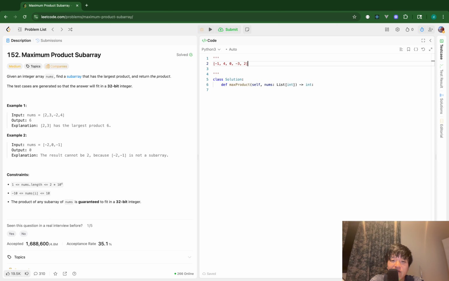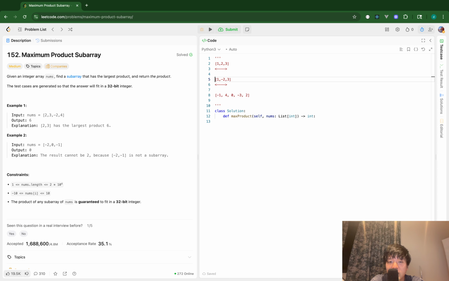Okay, let me go with a simple example. In this case, the maximum product subarray should be 1 to 3, obviously. And let's say I have -2 here.